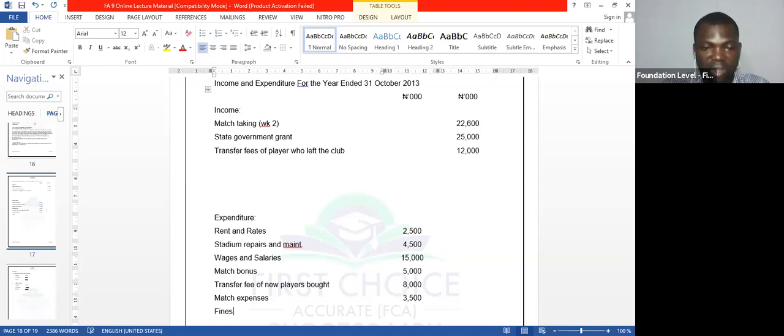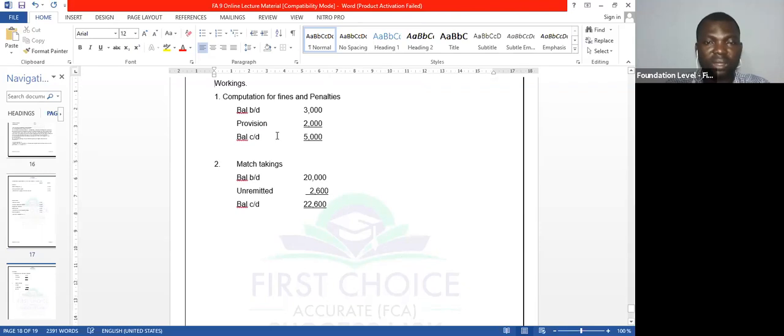What? Let's see. And now that figure given to us is what, 8,000 or 3,000? Now 3,000 is not what I'm going to use, because we have done a workings earlier on, and we look at the workings here. These workings that we have here, fines and penalties, because they still have the case ongoing, but they have not concluded the case when they are preparing their statement.